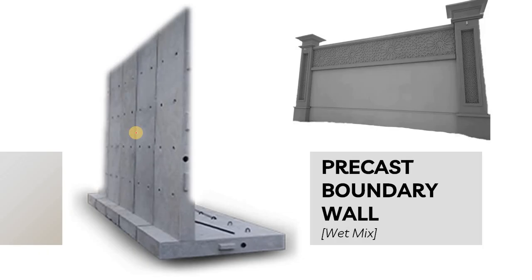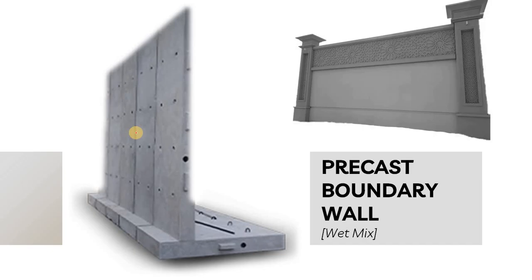Basically, precast boundary walls are wet mix. As you know, hollow core slabs are dry mix concrete, whereas all the other precast items are wet mix concrete. Wet mix concrete means concrete which is slumpable, which has some slump.